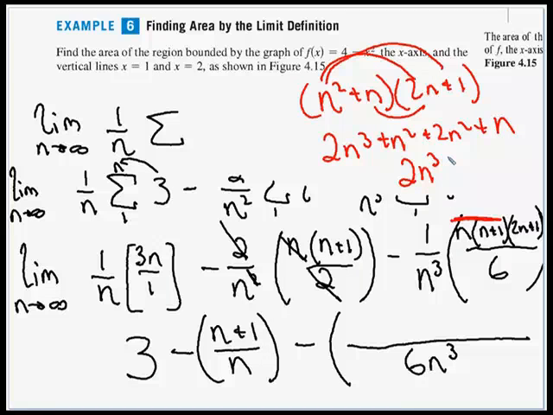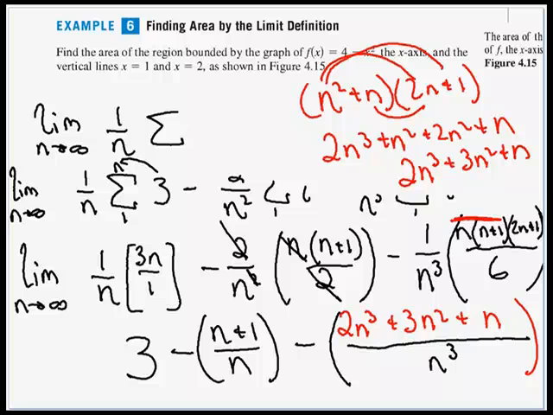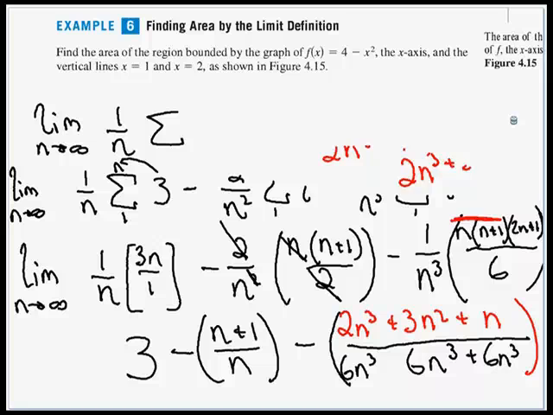So we have 2n to the third plus 3n squared plus n. And we might as well just squeeze this in right now. This 6n to the third will be a denominator for each term.